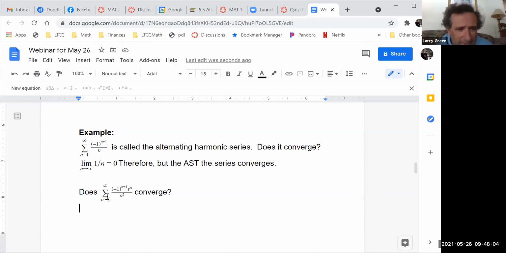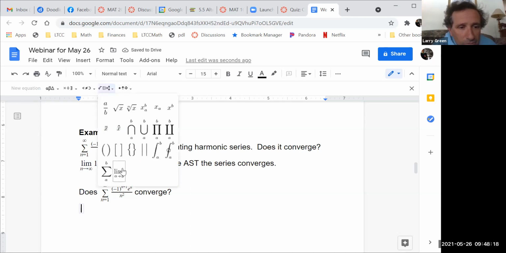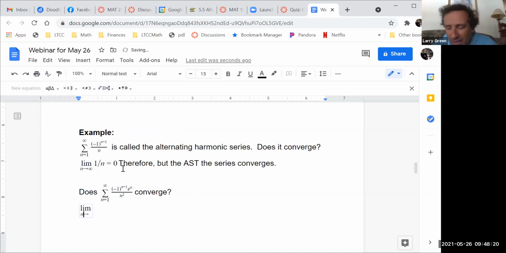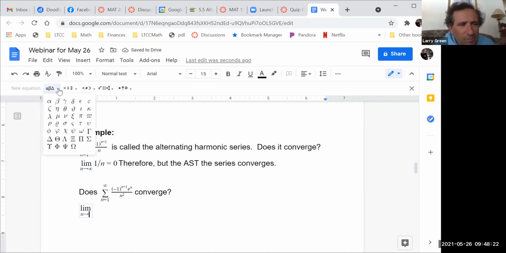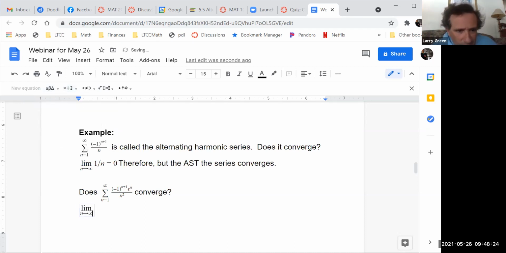Okay, let's try this one. The summation n equals 1 to infinity of negative 1 to the n plus 1 e to the n over n squared. What happens when you take the limit as n goes to infinity of e to the n over n squared? Because the absolute value means get rid of the negative 1 to the n plus 1.